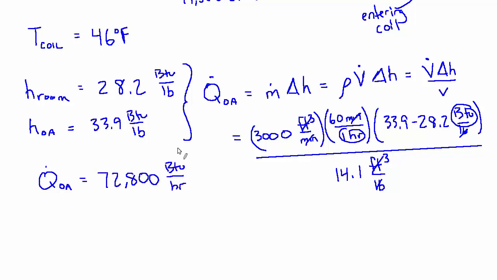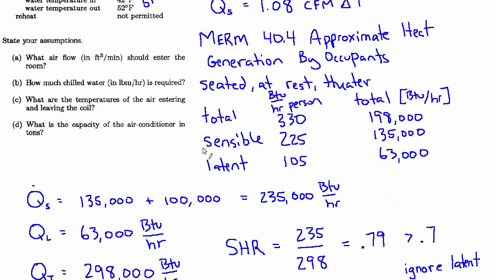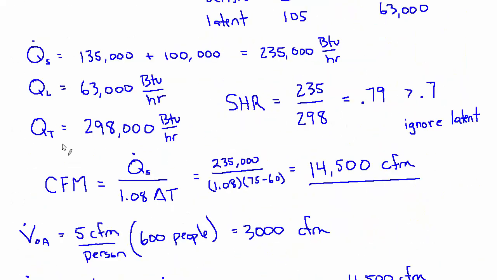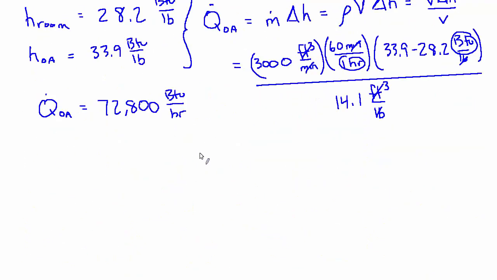So the total capacity of the air conditioner, which is the question we've been asked to answer, is going to be the cooling of that outside air that we just calculated and the total heat load from all the internal sources, people, and external sources which were given. That's that 298. So we got to add that as well. So this was our Q total, excluding the outside air.